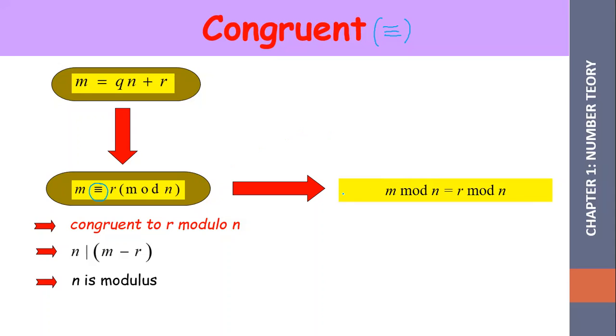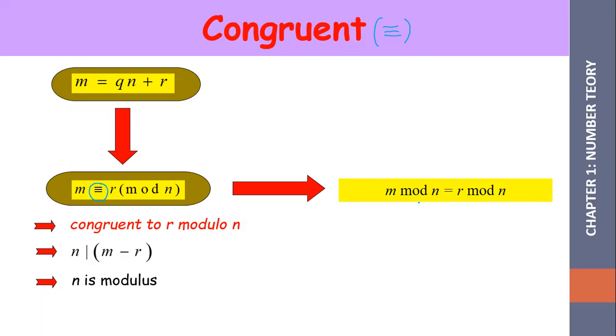You can also write this as m mod n is equal to r mod n.